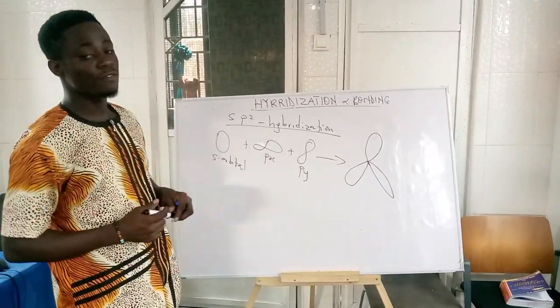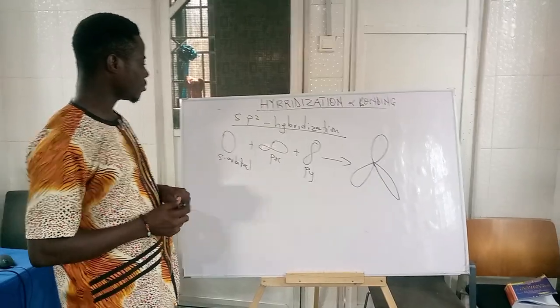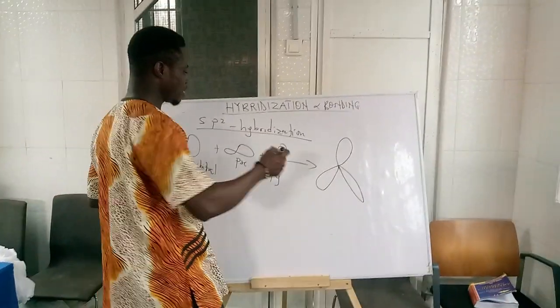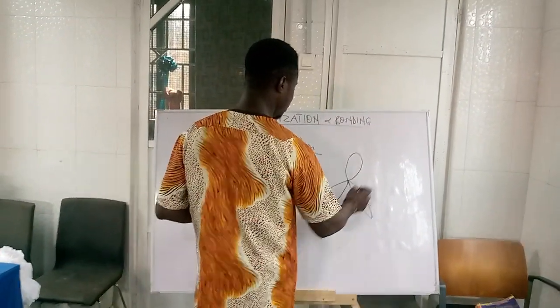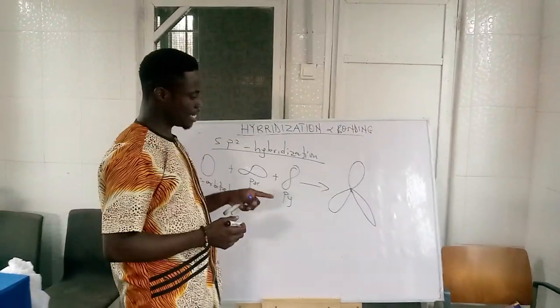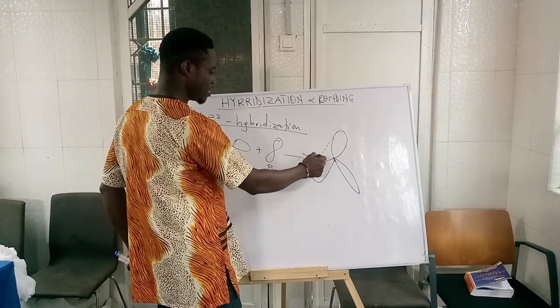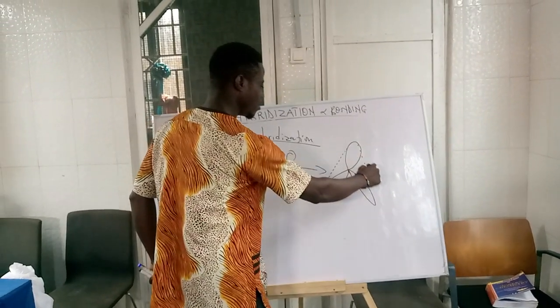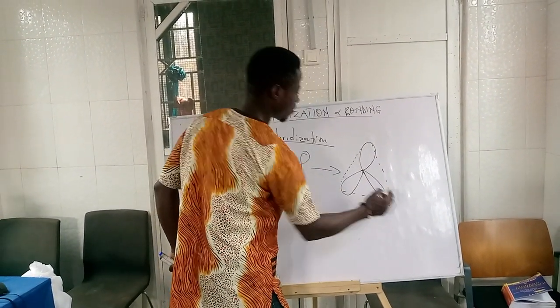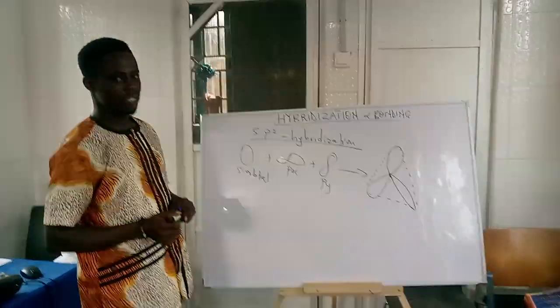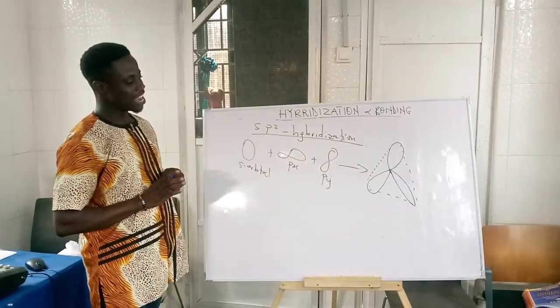The answer is three hybrid orbitals. They can also ask you the shape. If you look at this geometry, it is in the form of a triangle.